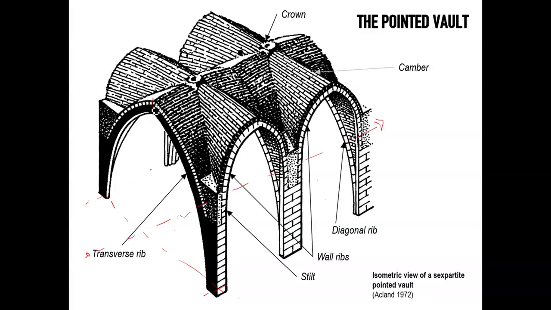If you have an arch that is pointed on both sides here, this is a transverse arch, which creates a transverse rib. Well, this arch can be set in the way we just described, so you can imagine two radiuses that define the two sides of the pointed arch.